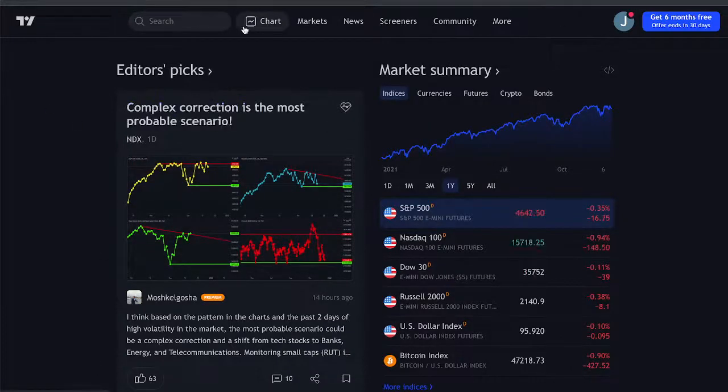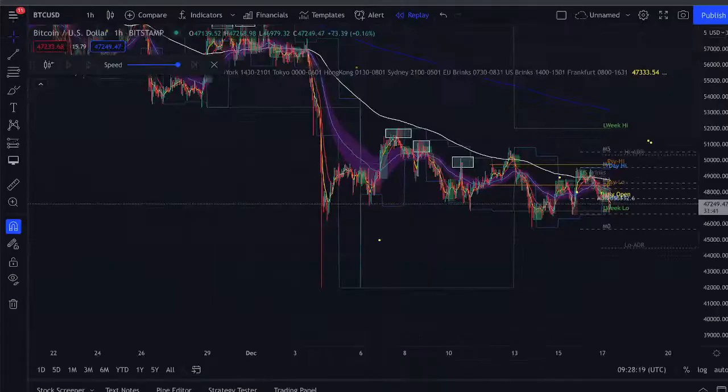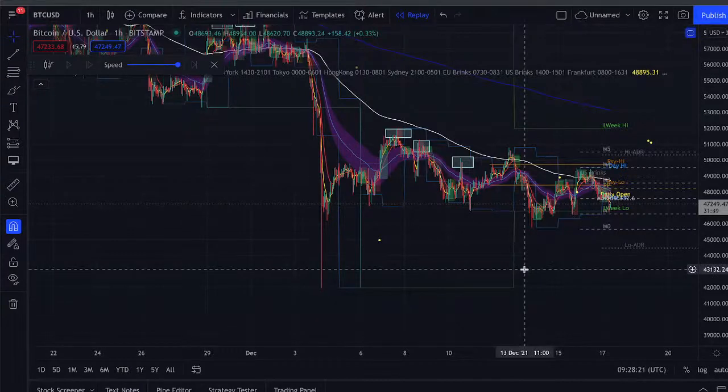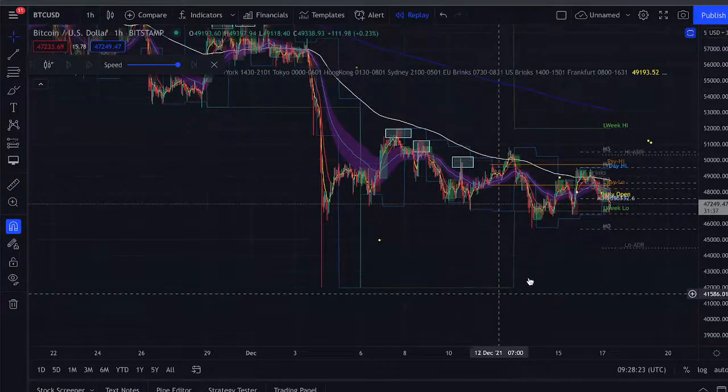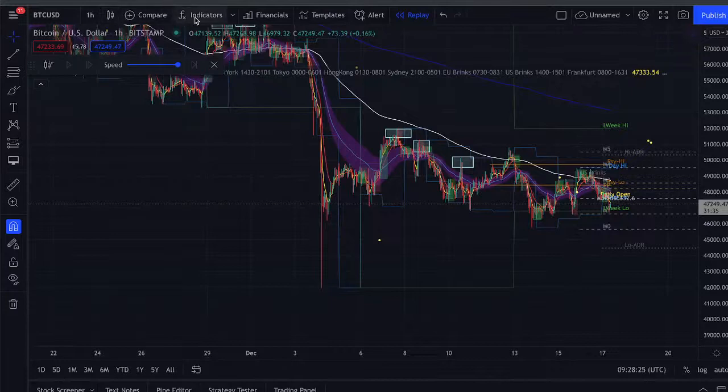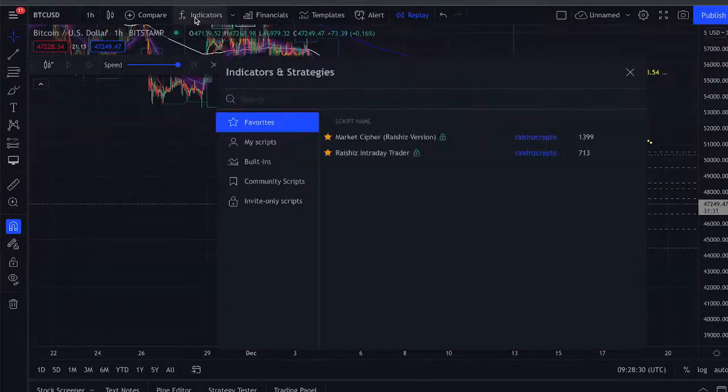It's free. On your right hand side you will have your Bitcoin and stuff like that, and you can add your different pairs. But you should have Bitcoin on the right already. Now, after you've done that, you need to click on indicators.